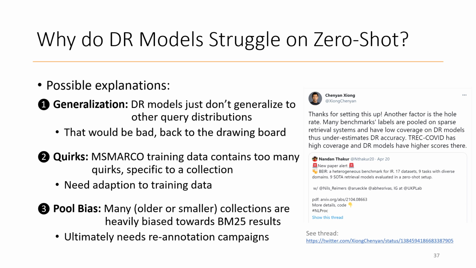And then the third question that is very interesting, and we also touched upon in the evaluation lecture and the test collection lecture, is pool bias. So many older and especially smaller collections are heavily biased towards BM25 results, because BM25 was the main retrieval model used to gather candidates for the annotation campaigns.